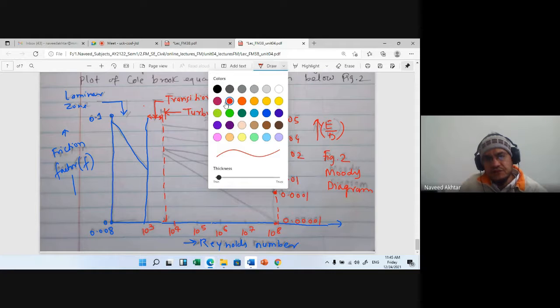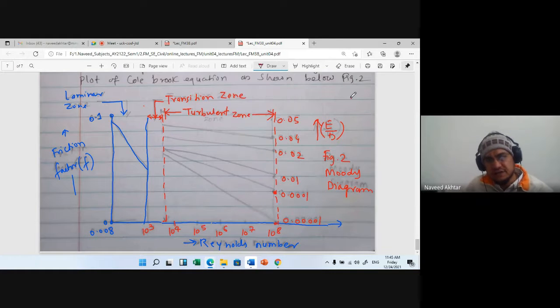Here is where you can find out the friction factor. This is epsilon upon d. Sorry, epsilon upon D. This is epsilon.